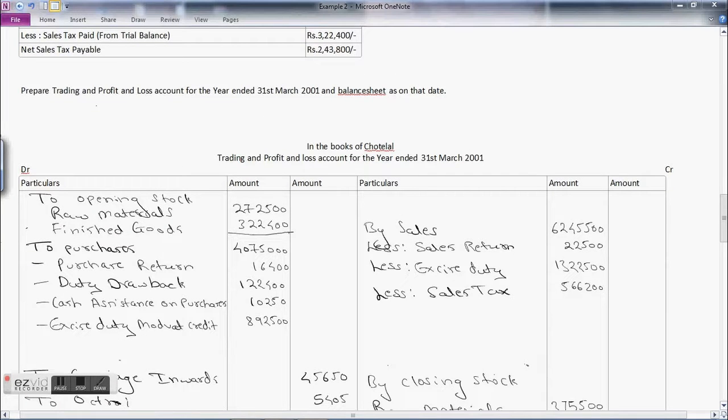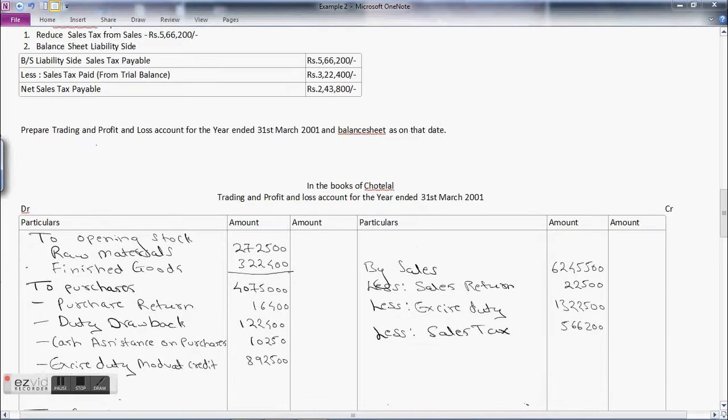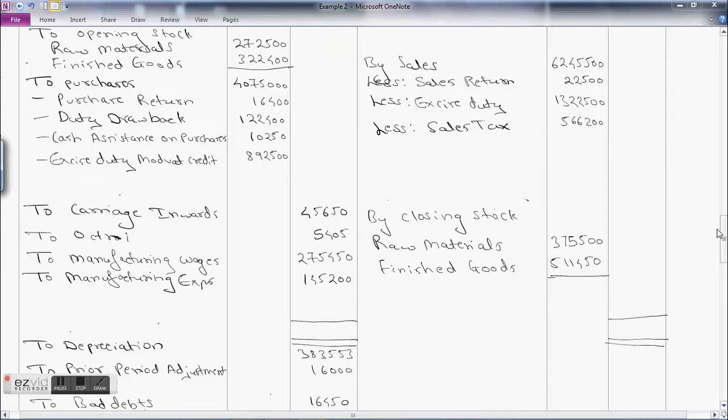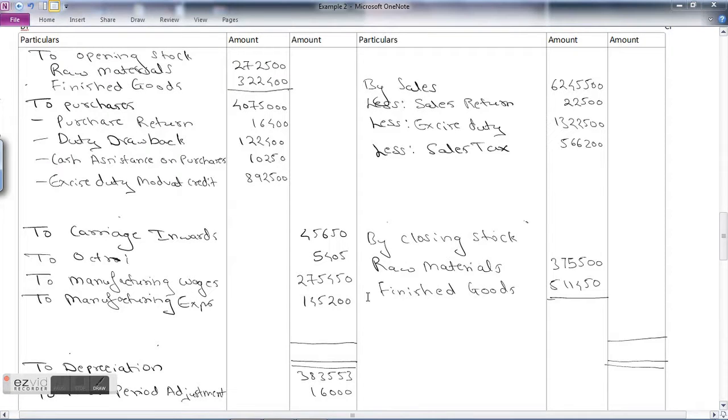Now we'll close trading and profit and loss account, and then carry forward our profit or loss to balance sheet, and then tally our balance sheet one by one. So let's close our trading account first. 2,72,500 plus 3,22,400 is 5,94,900.